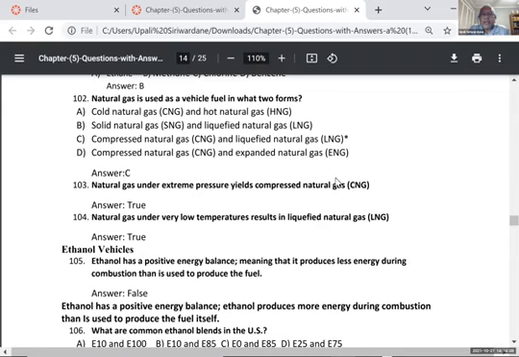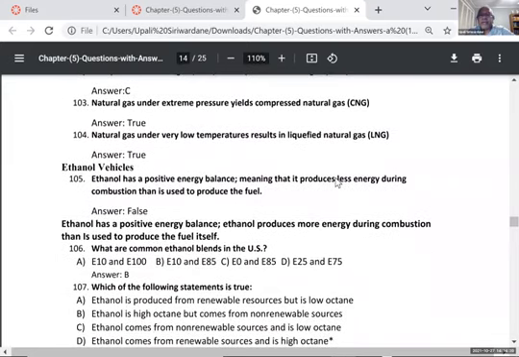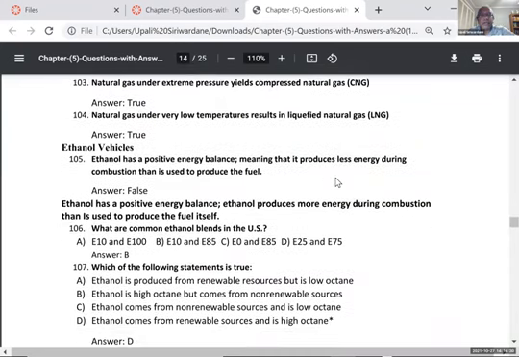Compressed natural gas and liquefied natural gas. That is the answer. Natural gas under extreme pressure yields compressed natural gas, true. Natural gas under very low temperature, LNG, is liquefied. Those are the two forms.